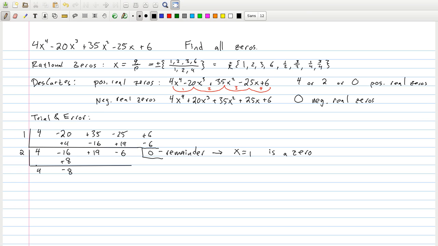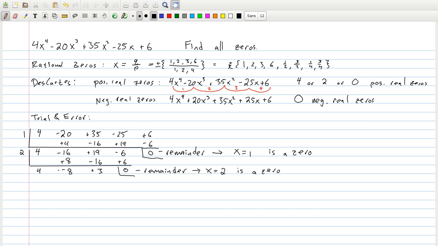We then multiply. 2 times negative 8 is negative 16. Adding these together, we have positive 3. Then multiply. 2 times positive 3 is positive 6. Adding these together, we get 0. So our remainder is 0. This is great news. This means x equals 2 worked also. So x equals 2 is a 0.